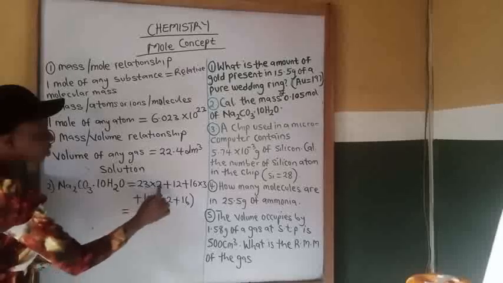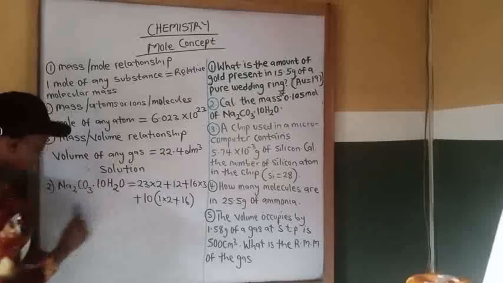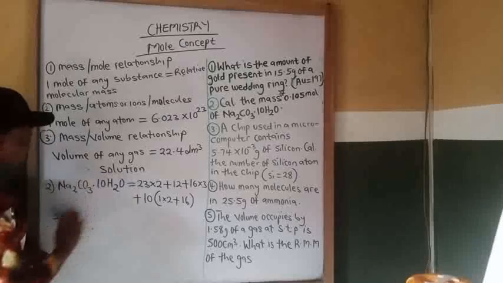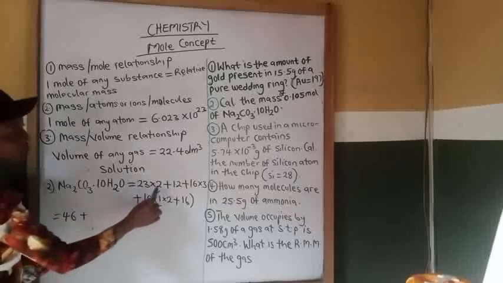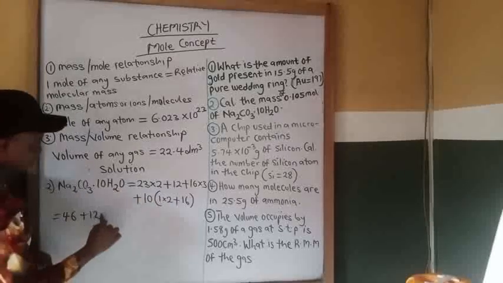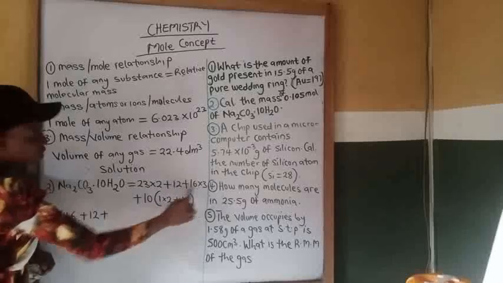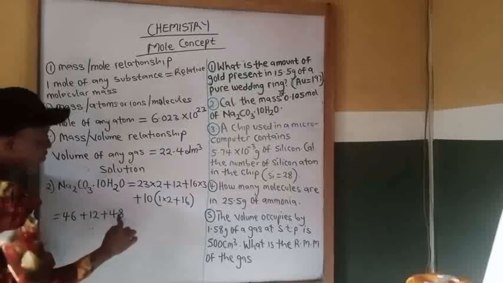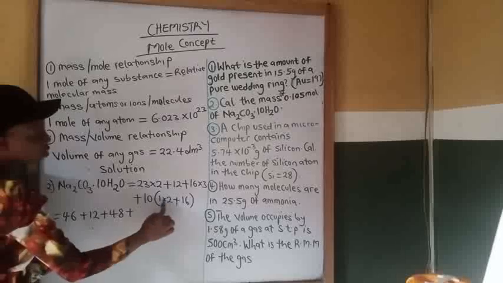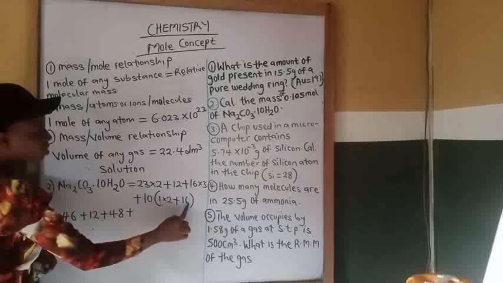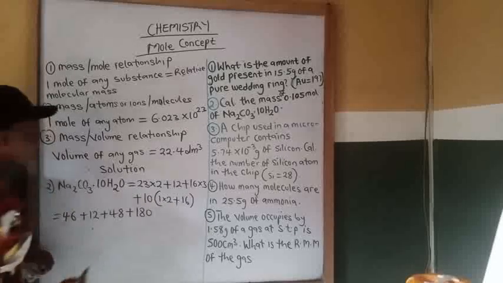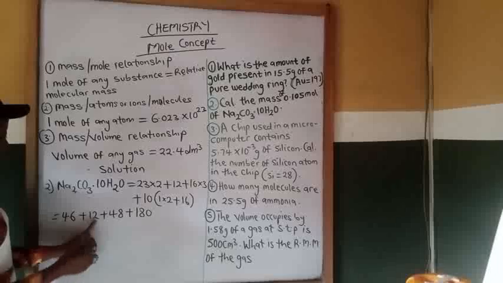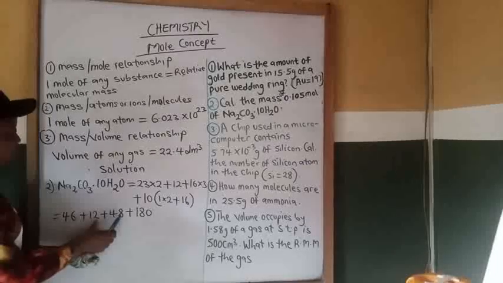So let's add everything together. 23 times 2 will give us 46. 46 plus 12. Then plus 16 times 3, that is 48. Then plus 1 times 2 plus 16, that is 18. Then 18 times 10 will give us 180. So 12 plus 48 will give us 60.